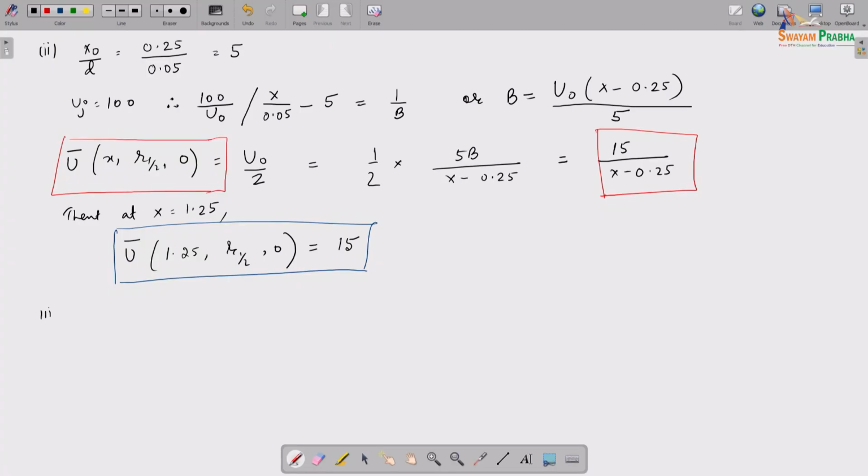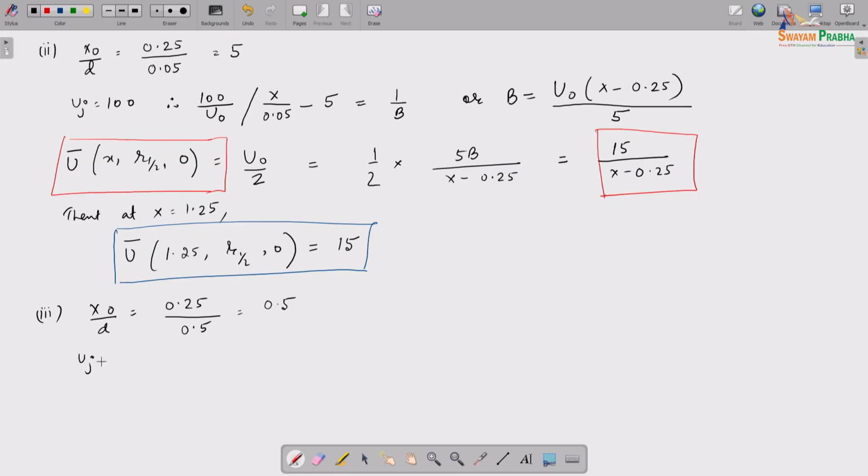Let's go and do this for the third one as well. Here x naught by d is equal to this.